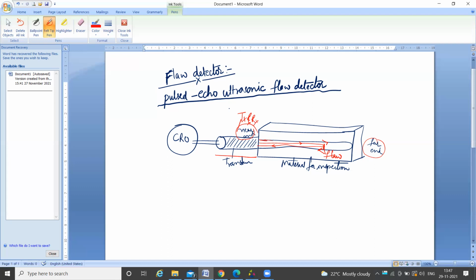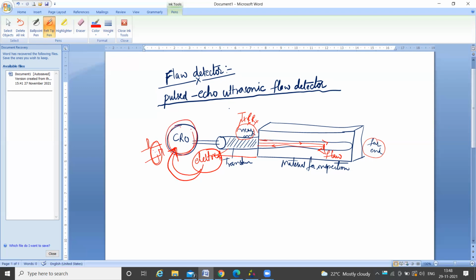The received ultrasonic echo pulses are transformed by the transducer into corresponding electrical echo pulses, and this transducer is connected to the CRO, where the transmitted pulses and received pulses are displayed. If there are any echo pulses in between, those are also displayed on the CRO.